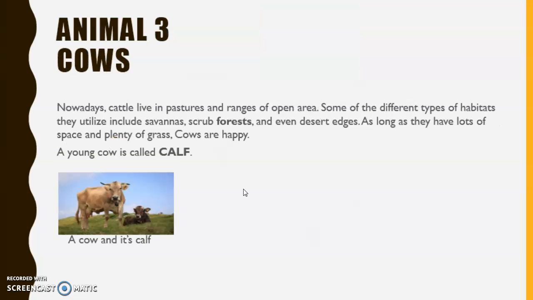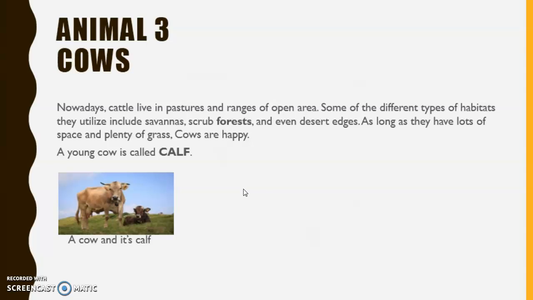Now my next animal is cows. Now most of you already know what are cows. So nowadays cows live in pastures and range of open area. Some of the different types of habitats they utilize include savannas, scrub forests, and even desert edges.